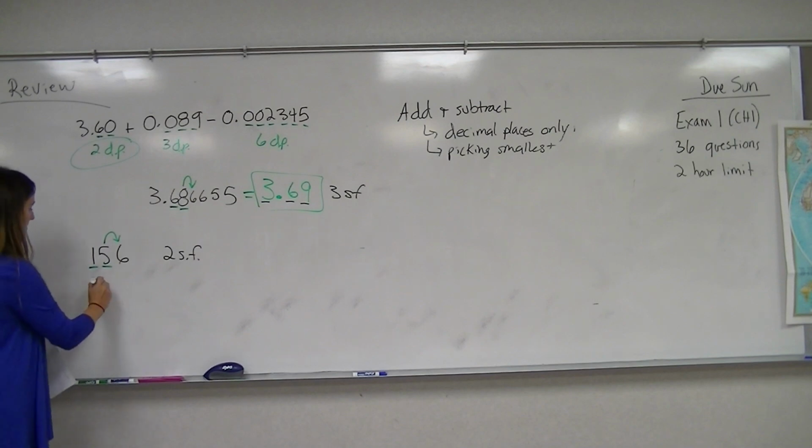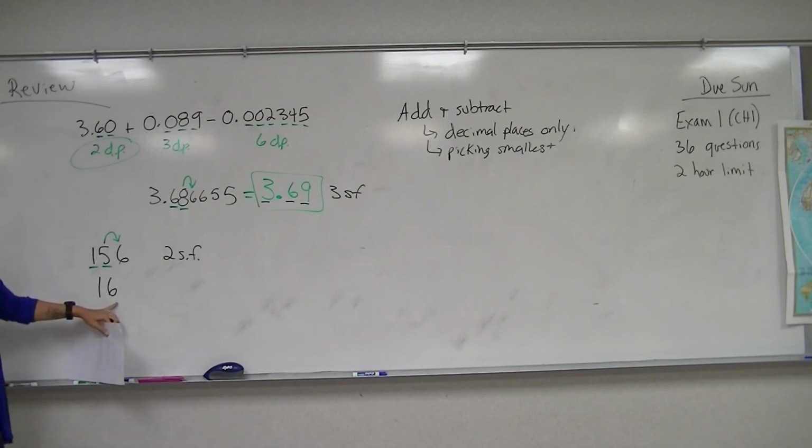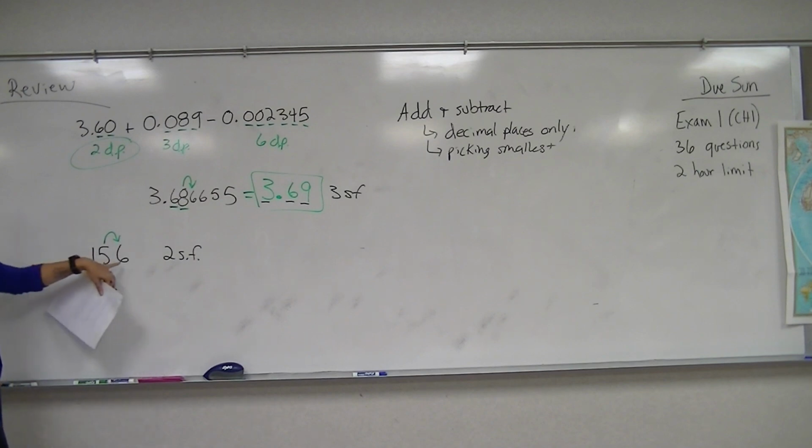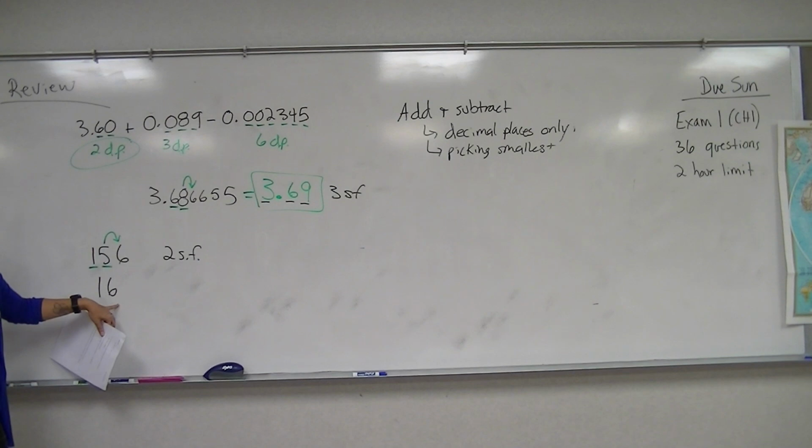And it does round up, so we're going to get 16. But we don't want to just put 16 and stop there. It's correct to the point that we need 2 significant figures in our answer. However, notice we went from 100 and something down to 16. So the order of magnitude is not the same.